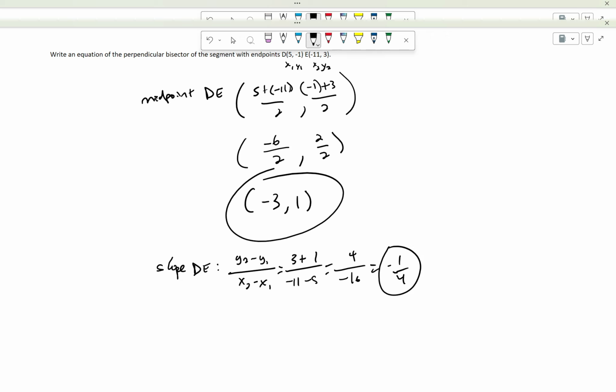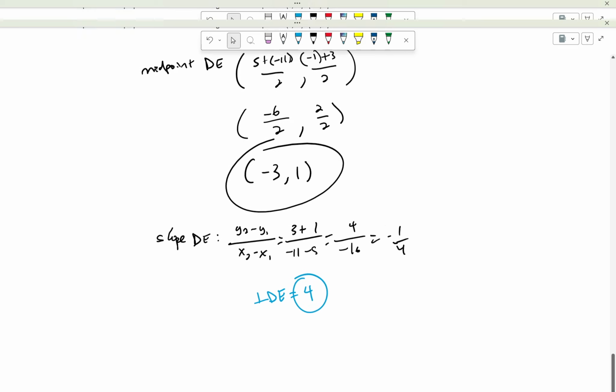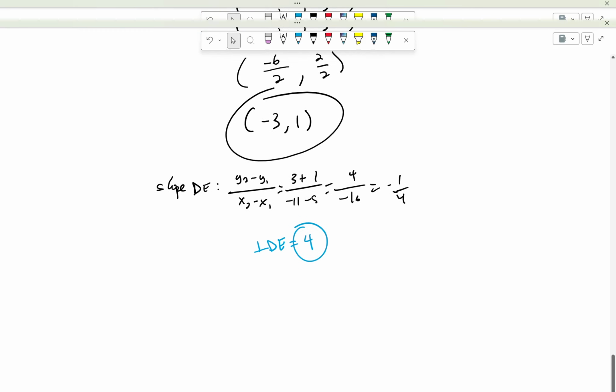So that is my slope, okay? Now, that's the slope of DE, but I don't want the slope of DE. I want this perpendicular slope, right? So the perpendicular to DE is going to be the negative reciprocal, which is going to be just a positive 4, all right? And now I can find the equation for this using point slope.